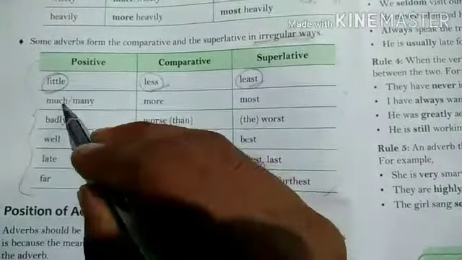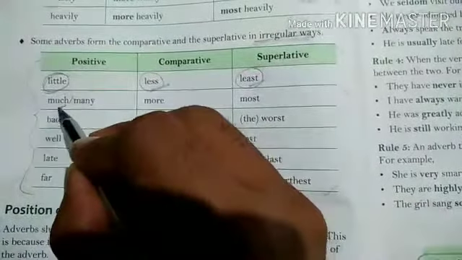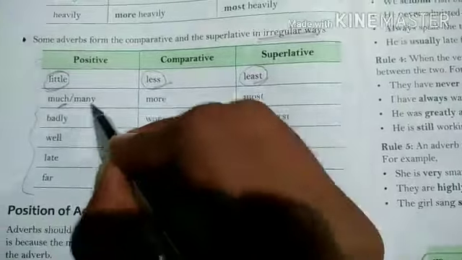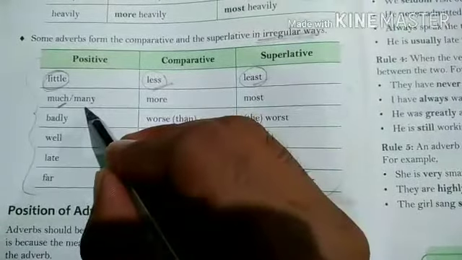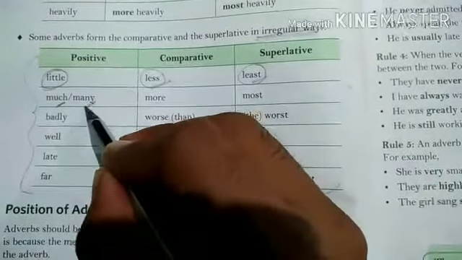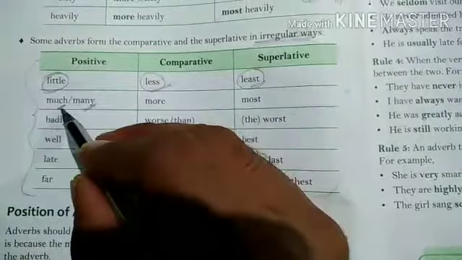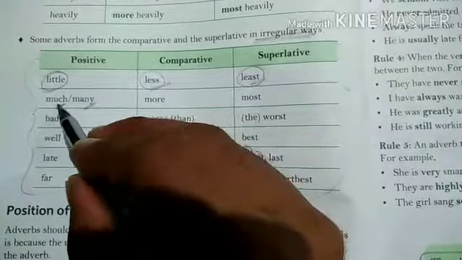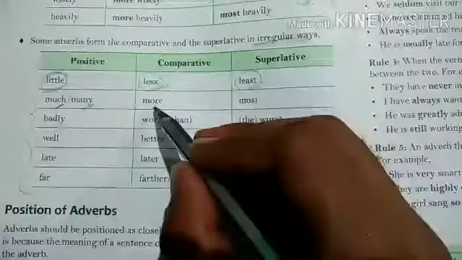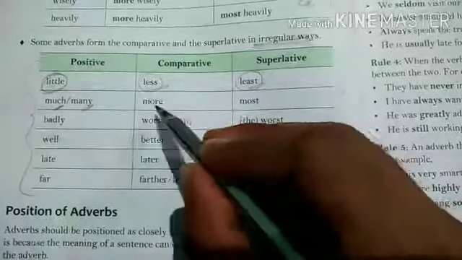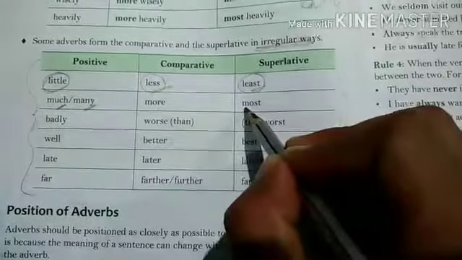Like much and many. Much is used for uncountable nouns, and many is used for countable nouns. Both of these two adverbs, when they are changed into comparative and superlative degree, are changed into more and most.